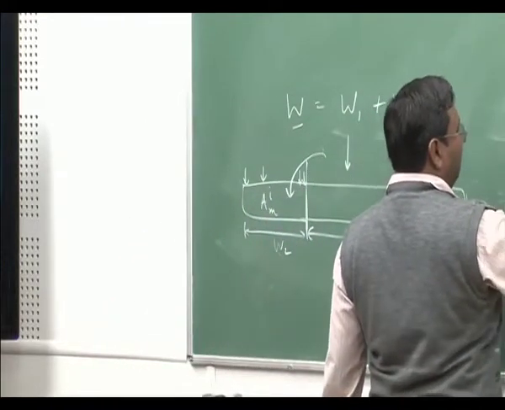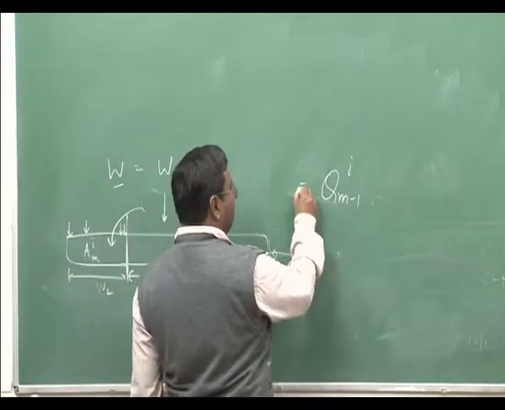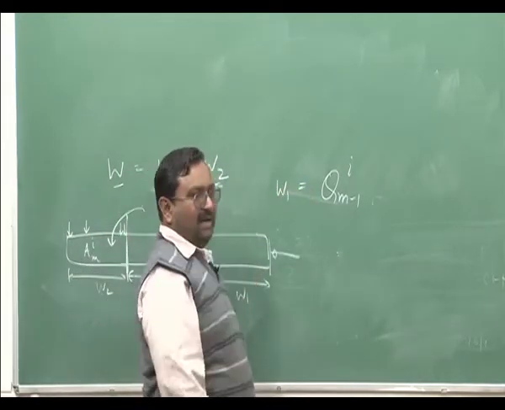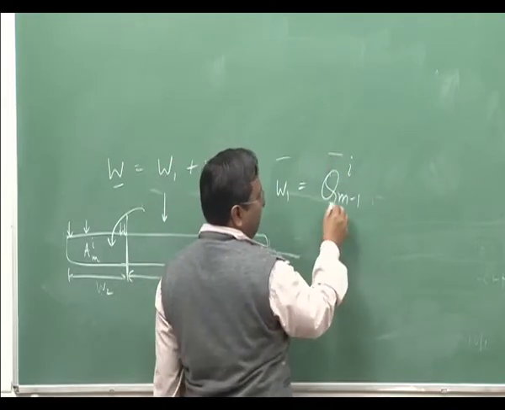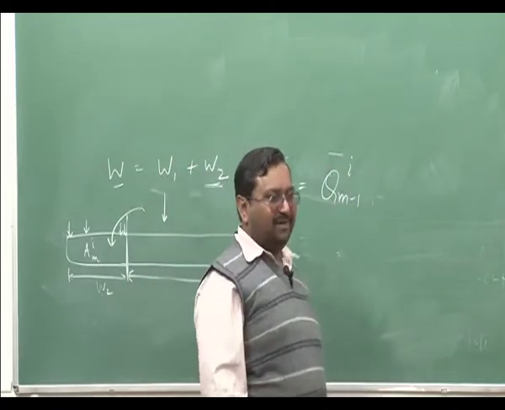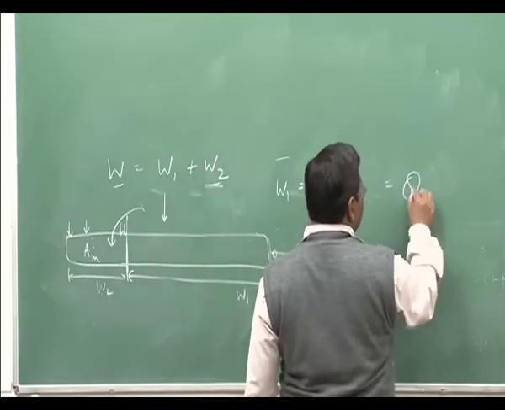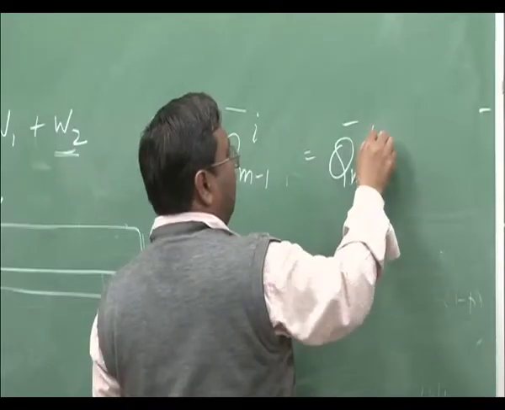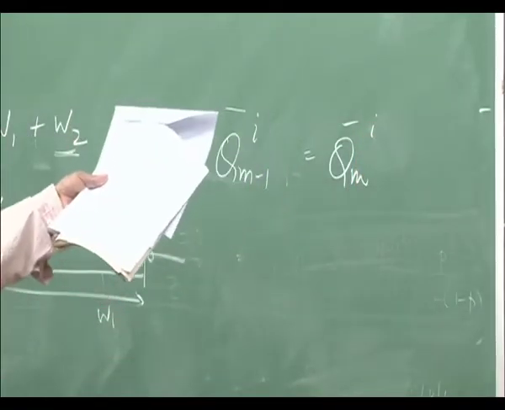Those many slots you have to wait. So that will be your W1. And if I want to find out an average value, I have to just take the bar of it. Once I take the bar of it, m minus 1, m minus 2 does not matter. Statistically, this will be nothing but Qm bar, which will come from there.